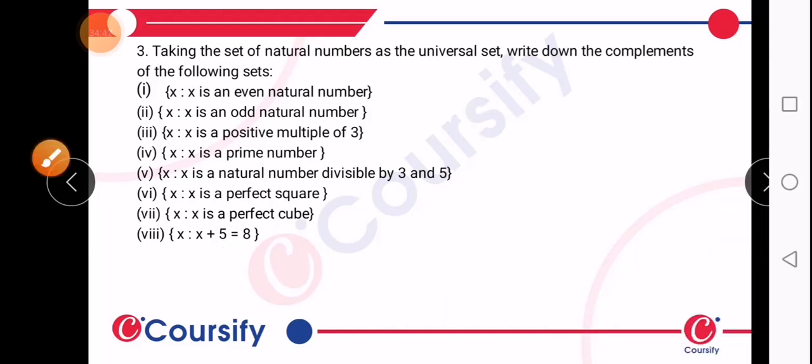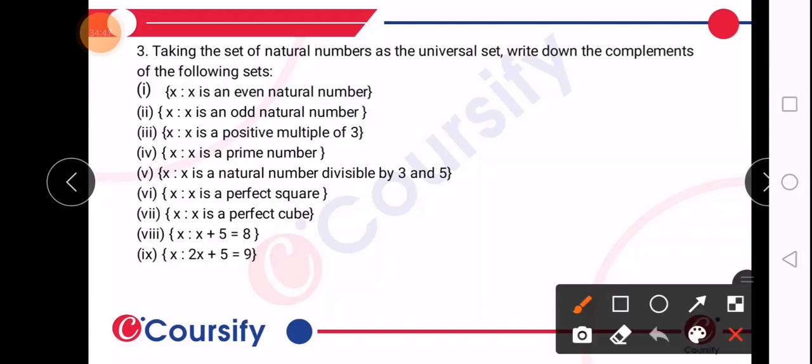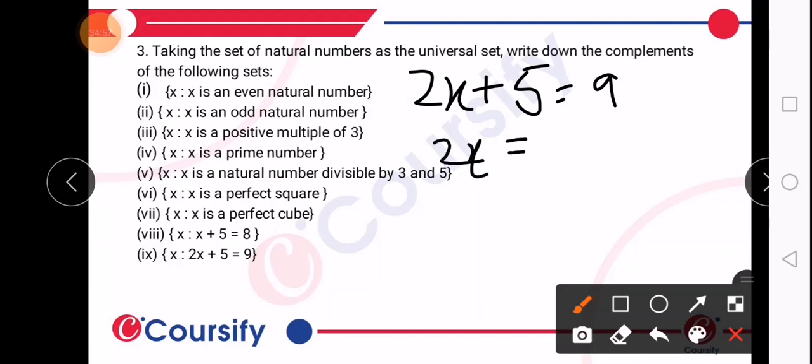Let's take a look at the next question. Here we again have another linear equation, where we have 2x plus 5 is equal to 9. If we solve it, we get 2x is equal to 9 minus 5, that is 4.